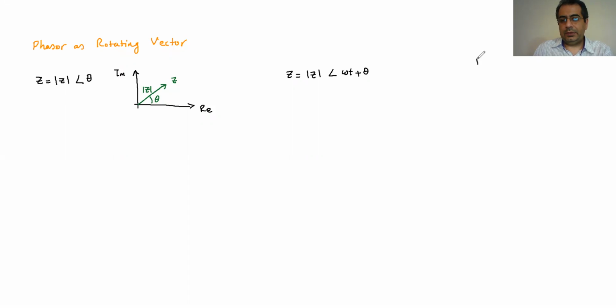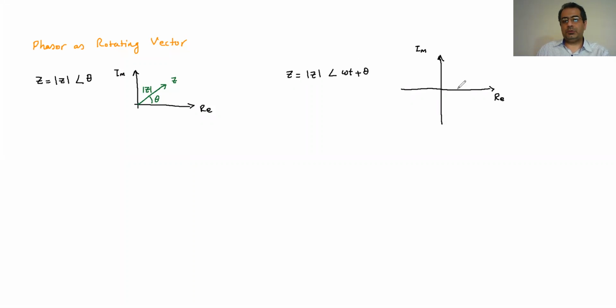Let me draw the axes again. This time, this is my real axis, and this is the imaginary part. Now assume I want to show it on this one.